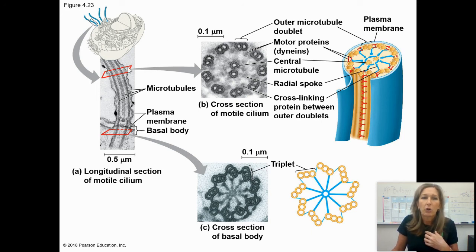Now, when we take a cross section of any type of cilia or flagella, even if we looked at a prokaryote versus a eukaryote, they're all going to have this 9+2 arrangement. And this 9+2 arrangement of these motor microtubules, these motor proteins, is another piece of evidence of evolution, that all of our flagella contain this 9+2 arrangement.